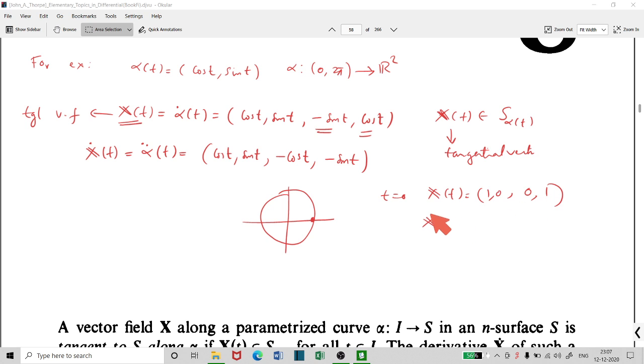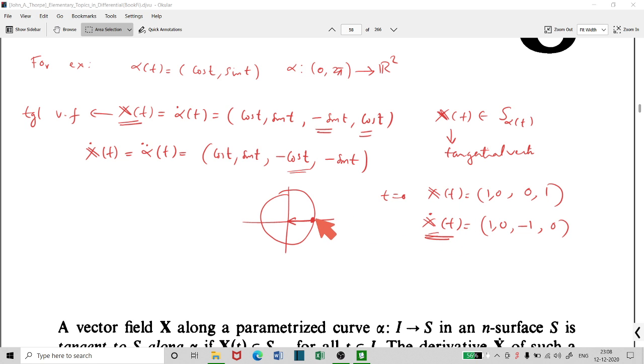Now what is X dot t? Using this formula, at the point (1, 0) we assign the vector (minus 1, 0). So at the point (1, 0) this derivative vector field of the tangential vector field X of t assigns a vector like this. This is the vector assigned by this X dot t.